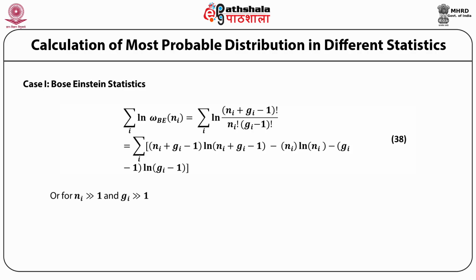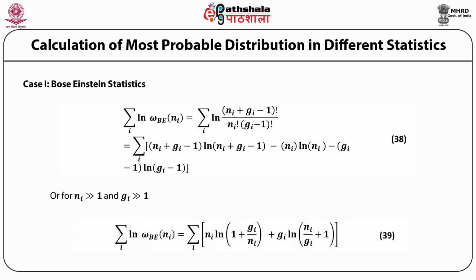Or, for ni very much greater than 1 and gi very much greater than 1, summation over i log of omega over the Bose-Einstein distribution ni is equal to summation over i of ni log of (1 plus gi by ni) plus gi times log of (ni divided by gi plus 1).